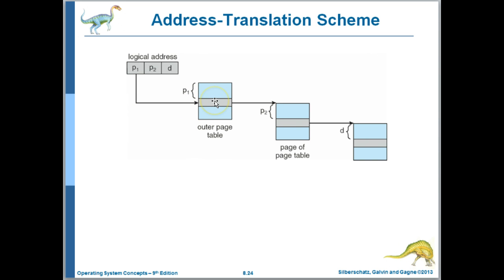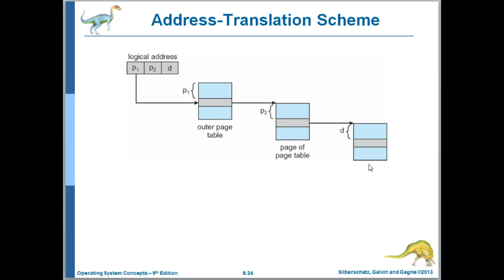That gives us a base of one of the inner page tables, and the inner page number gives us an index into that particular inner page table, and that entry then gives us the frame number, which when combined with the page offset gives us the physical memory address.